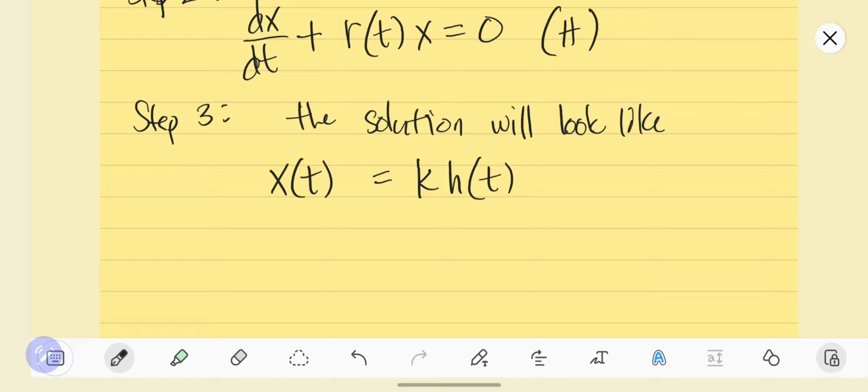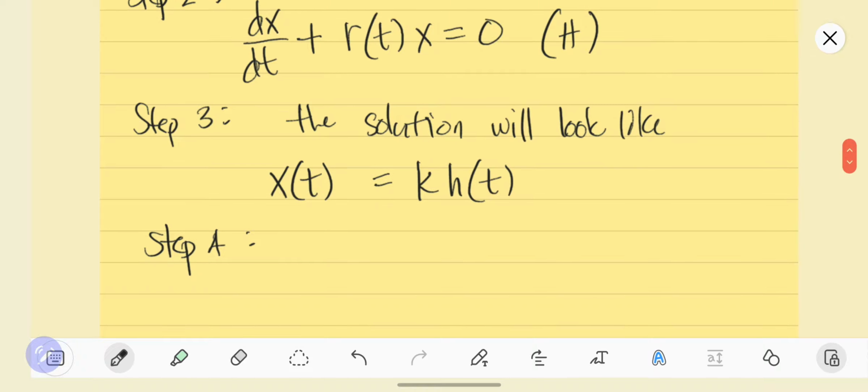And then step 4 is the solution to step 1 will look like, you let it vary with a parameter.